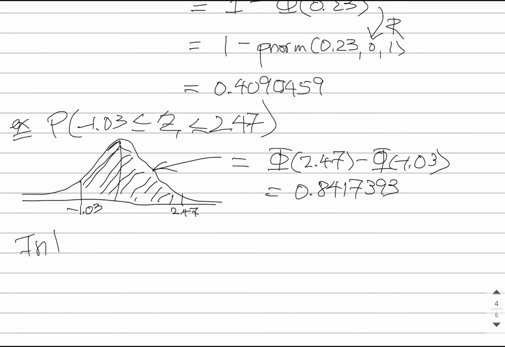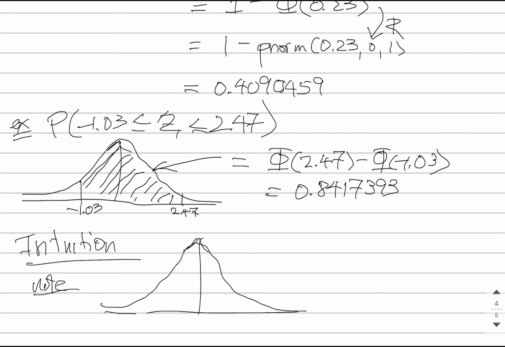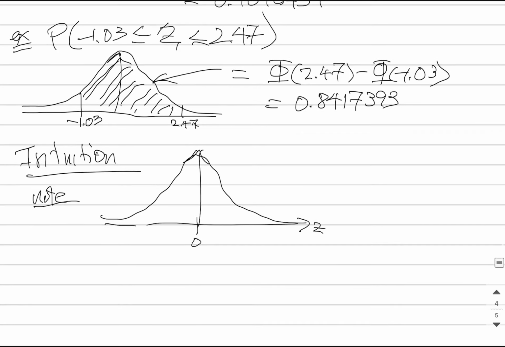If we want to get some intuition about whether or not our numbers are right, we can talk about standard deviations. And so for instance, remember that this normal density is always centered at 0, and it has a standard deviation of 1.